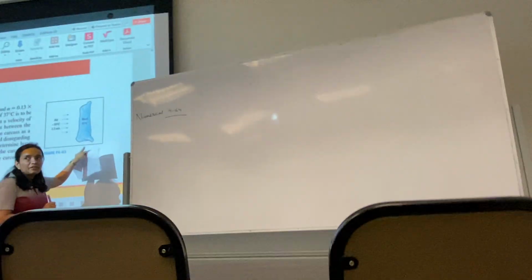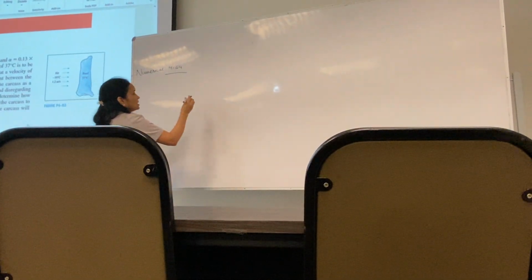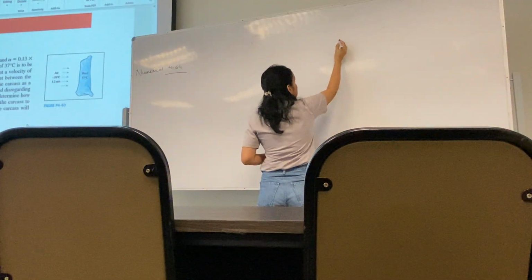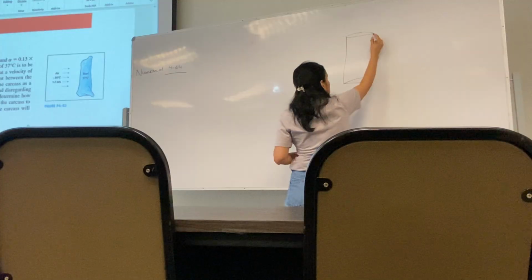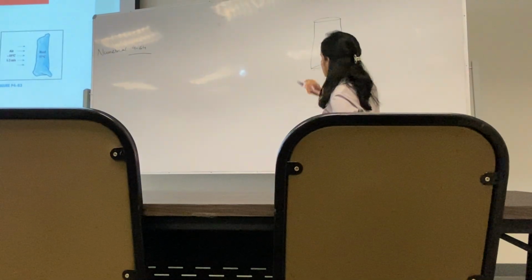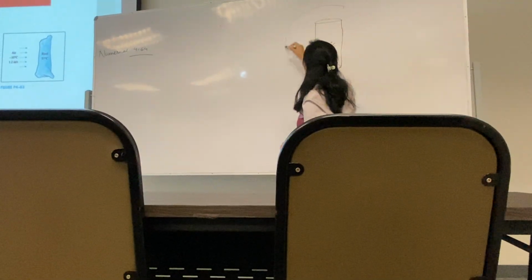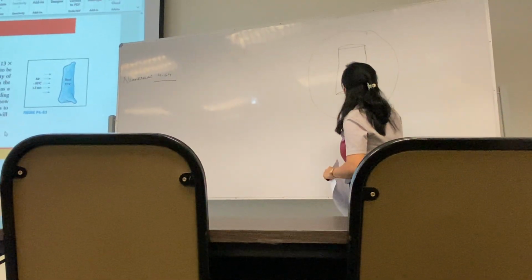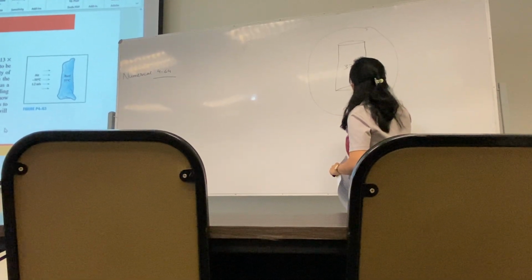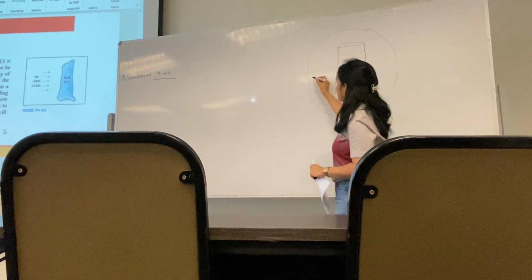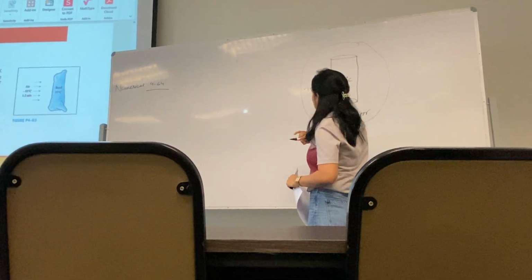So this beef we are assuming as a cylinder. The temperature of this beef is 37 degrees Celsius. This is a refrigerator, and the temperature in this room is minus 10.